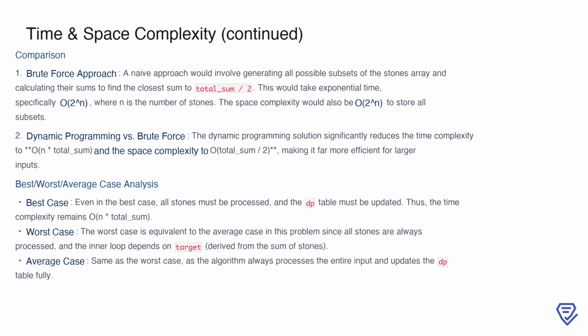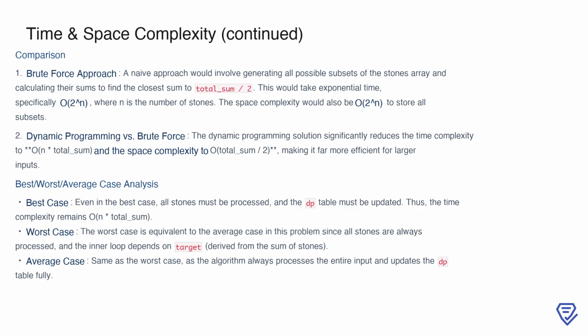To put the efficiency of the dynamic programming solution into perspective, let's compare it to a brute force approach. A naive method would involve generating all possible subsets of the stones array and calculating their sums to find the closest value to total_sum/2. This process would require exponential time, specifically 2 to the power of n, since there are 2 to the power of n possible subsets for an array of size n.